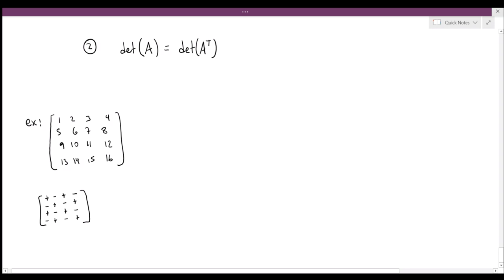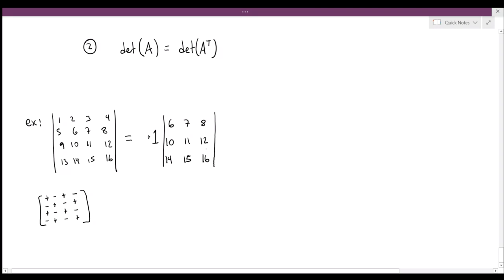Okay. So then I can pick any row or any column. Let's say I pick the first row. Starting with the 1, it'll be plus. And then I cross out the first row and the first column, take the remaining 3x3 matrix, and I would need the determinant of this 3x3, which I could then compute by doing another cofactor expansion, for instance.